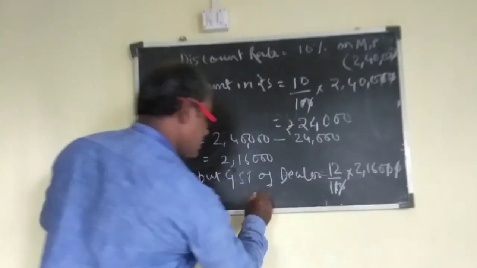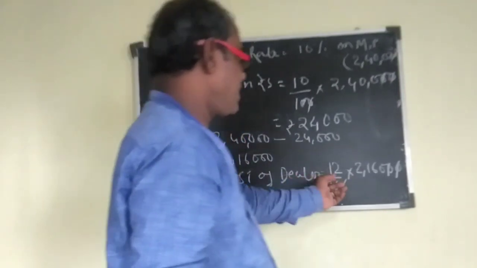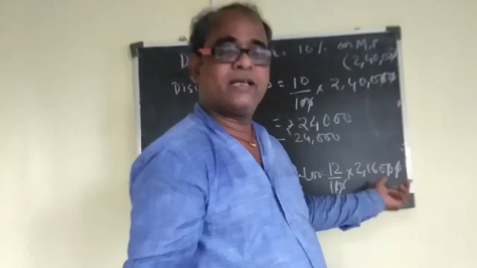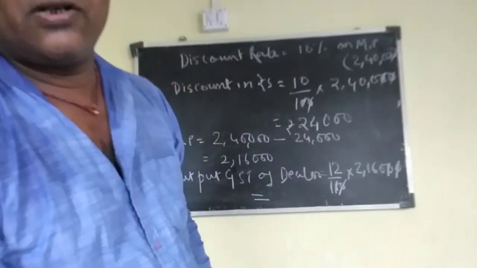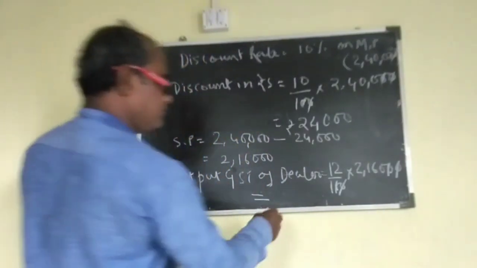So which is equals to, now if we multiply 12 into 216, we get 2592.